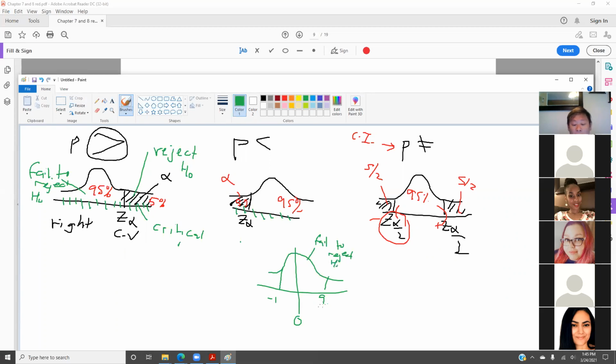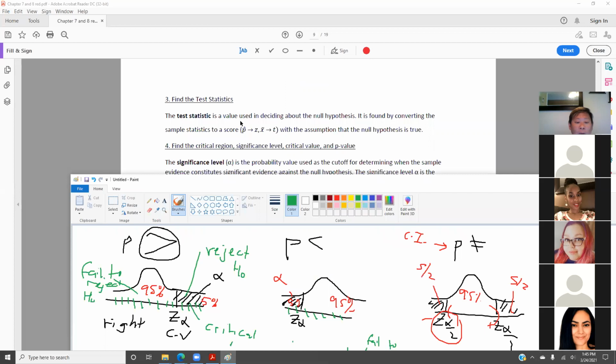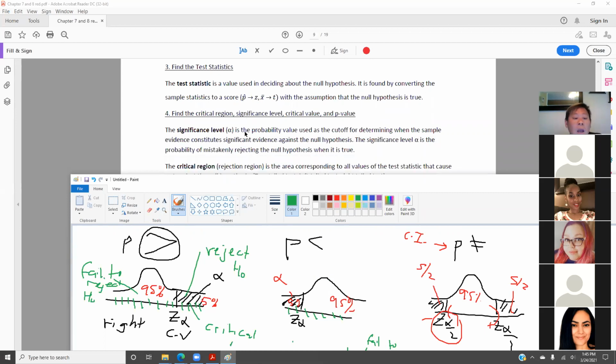But if your number is either this side or this side, then you will have to reject your null hypothesis. So that is the meaning of the test statistic, it is a number. So we use Z for proportion, T for mean, where T is for the T distribution and Z is for the Z distribution.